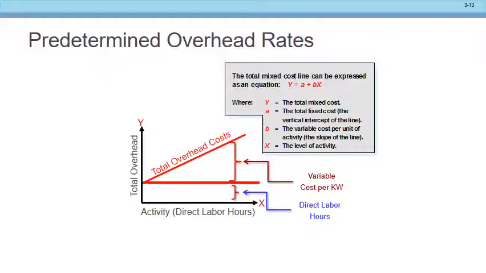Okay, so what we're going to do is we're going to sit here and think about the equation for a line. Okay, when you have an equation for a line, you are used to this from your study of algebra. Okay, everyone's had algebra at some point, right? Okay, so let's just go ahead and take a look at this.